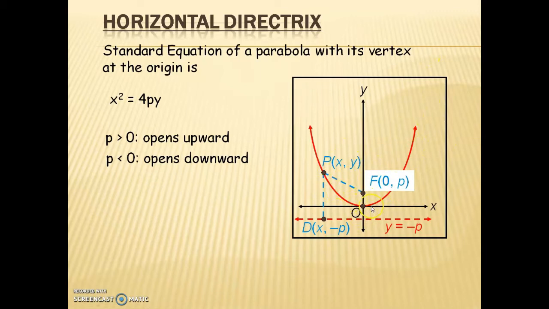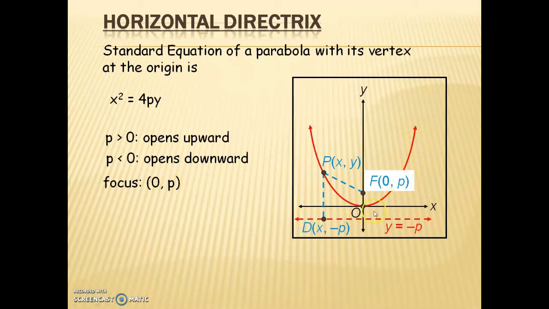So from this graph, we're going to locate our focus. The location of our focus here is (0, p). Remember, if the parabola opens upward, the location of our focus is (0, p). But if our parabola opens downward, instead of positive p, it becomes negative p.